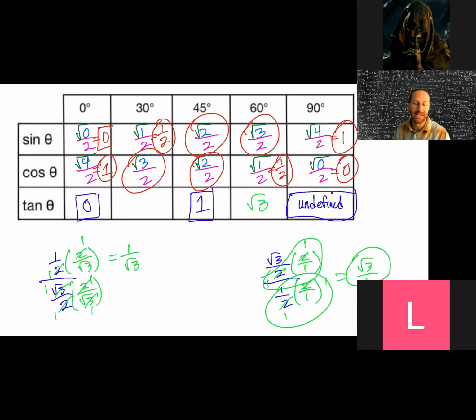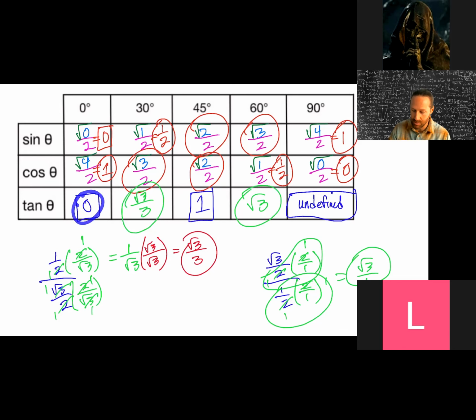Anybody recognize that again? That's the √3/3 problem that I had you guys do at the very beginning, week 1. So my other value that I get for tangent is √3/3. So those are the 2 special values.